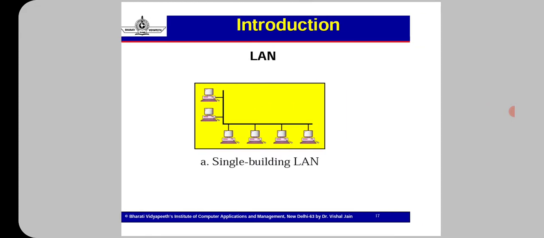So what is a LAN? LAN is nothing but a single building. Generally LANs are used to establish networks within small areas, like within a room or within a floor, or to connect two or more floors, or within a campus. LAN has low capacity and is used to connect a smaller number of computers.